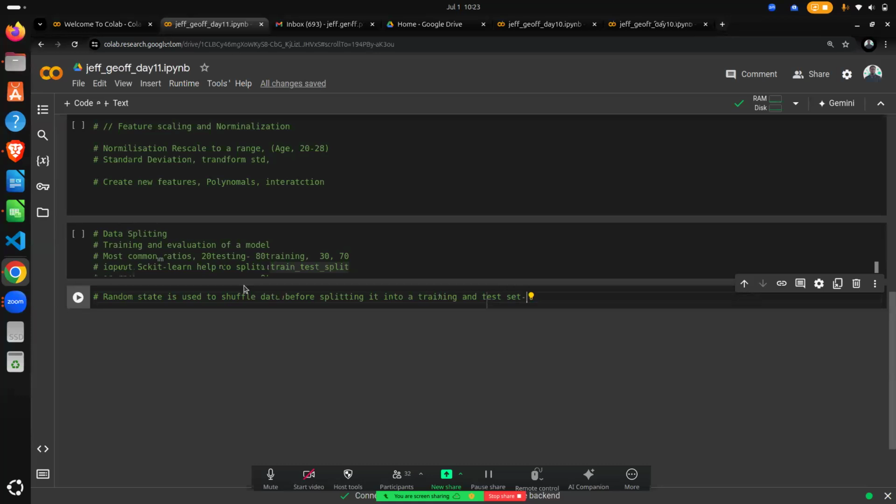So that answers you. But of course, that doesn't make you understand. To understand is that random state ensures that the training and the test sets are representative of the entire data set. So that's why I talked about the target data.